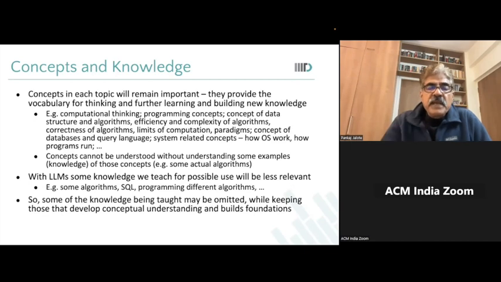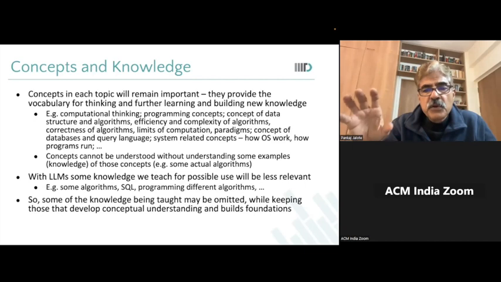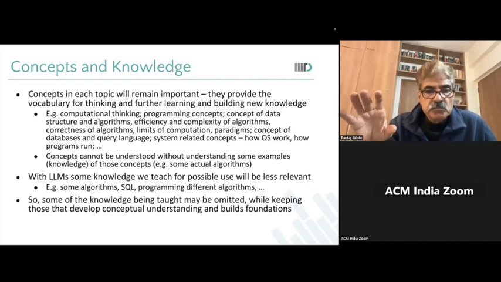But the point I'm making is that understanding of concepts and conceptual thinking is going to remain important. However, the additional knowledge, so they have a lot of knowledge base in their head to be used, is probably going to become less important.